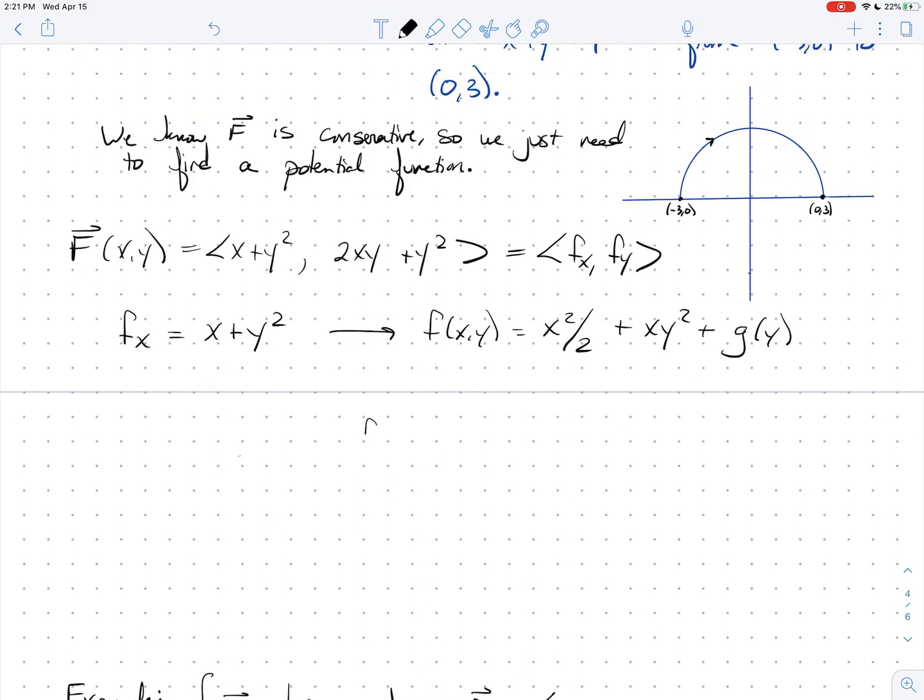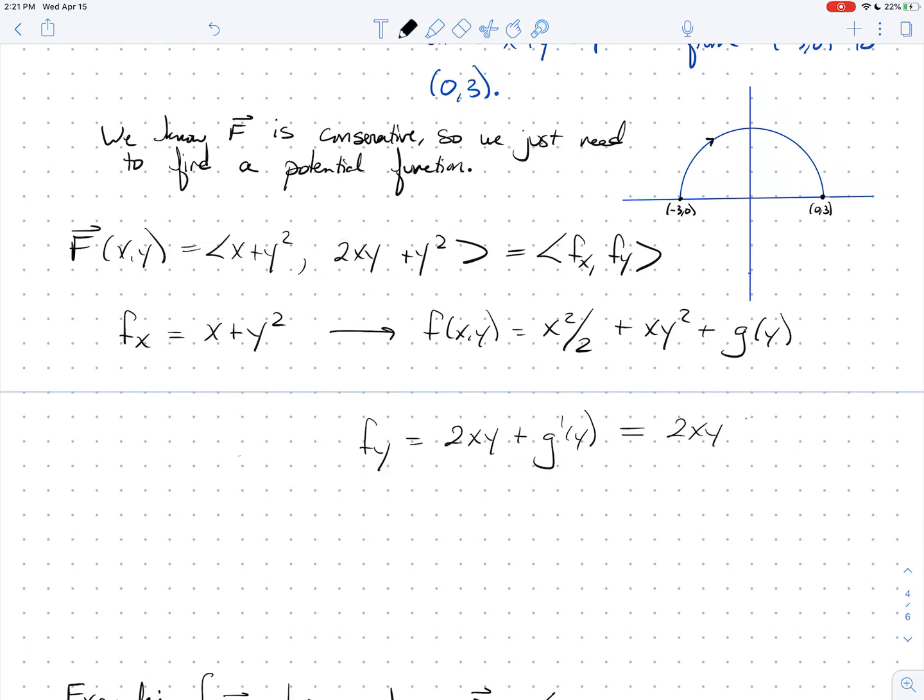I've got to figure out what g of y is, so I'm going to compute f partial y. From what I wrote down, f partial y is, well, this is 0, this is 2xy, this is g prime, so I get 2xy plus g prime of y. And I know that whatever I get for f partial y has to be the same as what is right here, because that is f partial y.